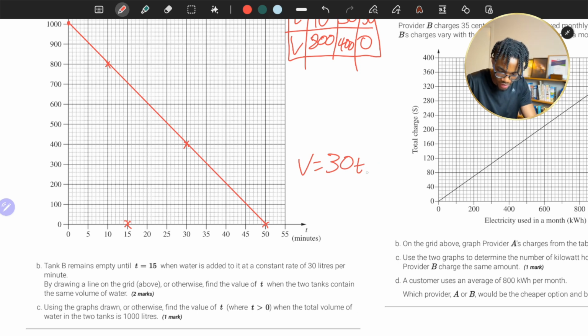Right, no y-intercept, right? And I'm just going to write a table of values. We could do it. So the only thing for this, right, do not overcomplicate this, right? This isn't hard, right? Just think very, very simple.